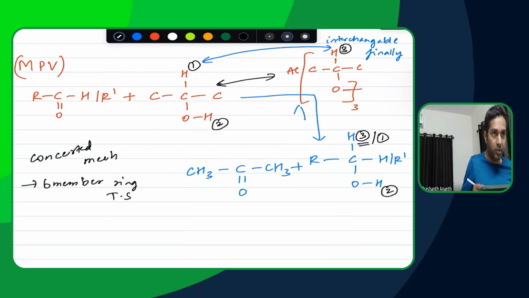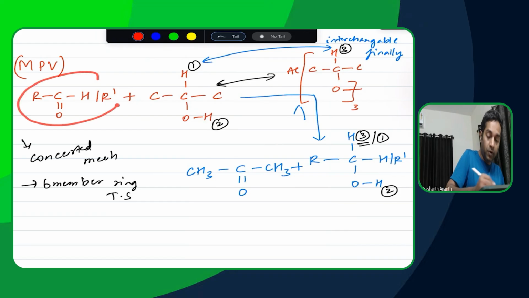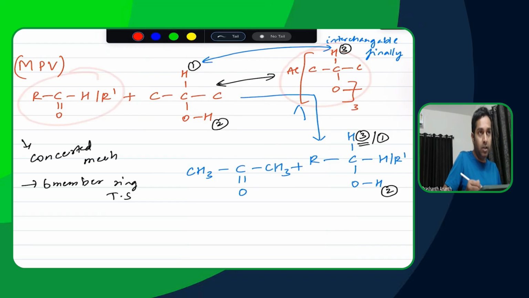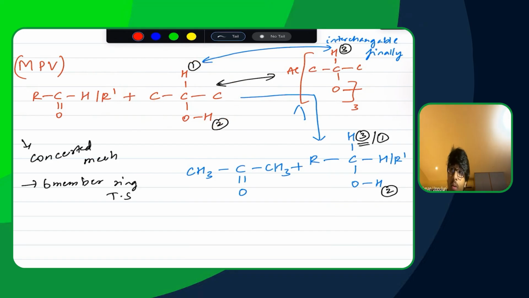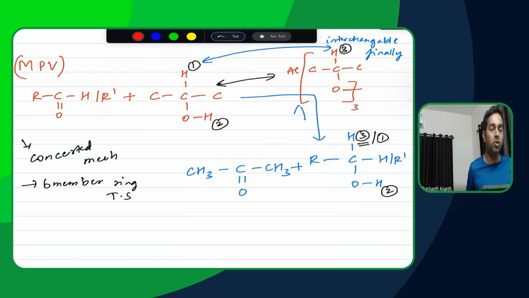Not exactly a redox, but consider this is enough. Actually, this is more than sufficient information to proceed here. It is going to be a two-step reaction: first step, this and this react; second step, the product formed will react with this. Don't bother. When you discuss this more, you'll learn. For the time being, this is sufficient.